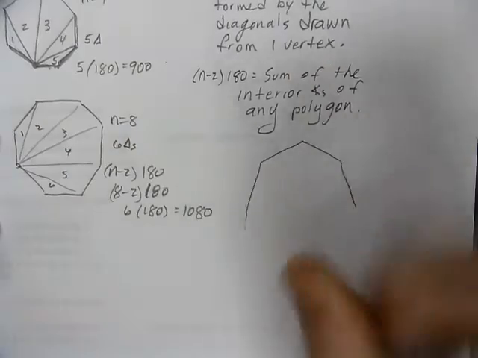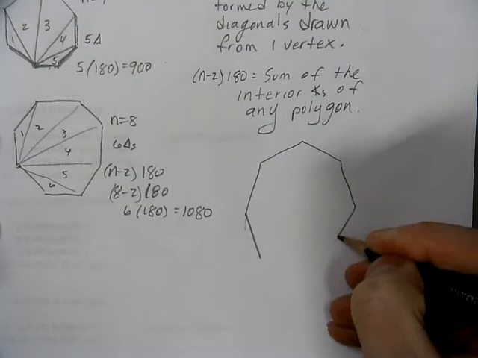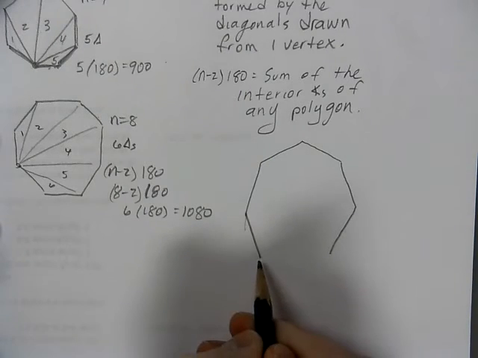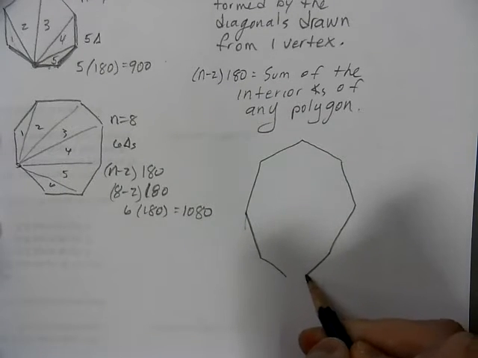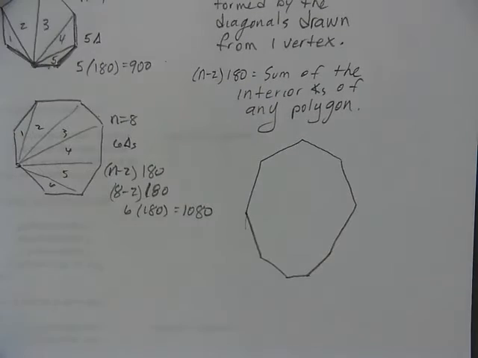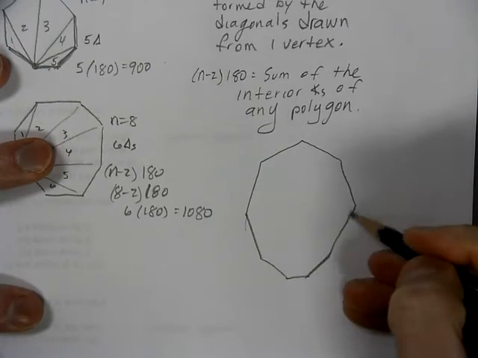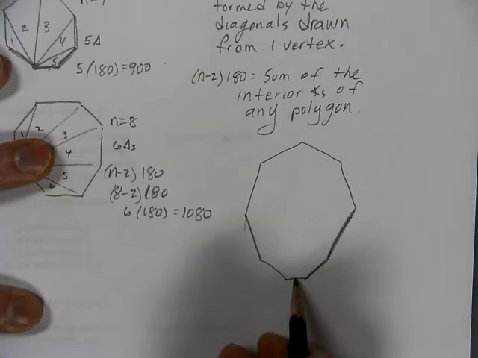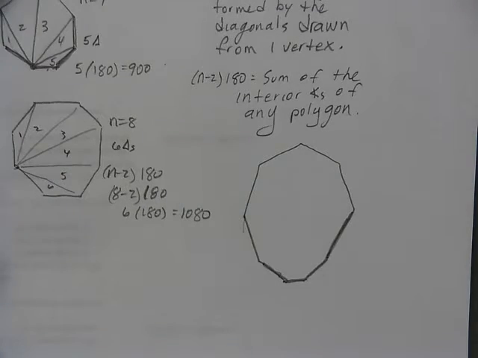Let me slant it in a little bit. 5, 6, 7, 8, 9. A little ugly. I can't pretend it's not, but it's working out. Alright, that was our 9-sided shape.